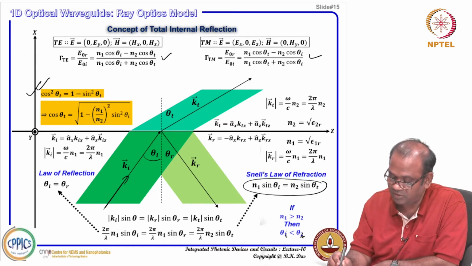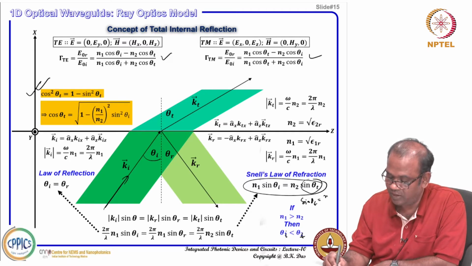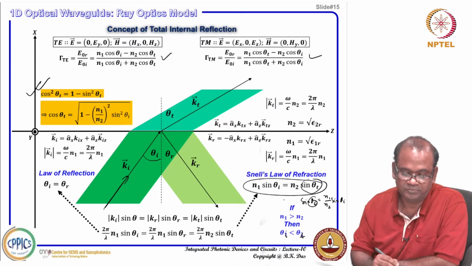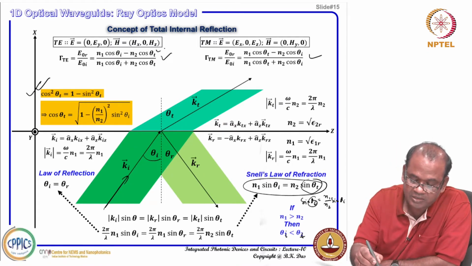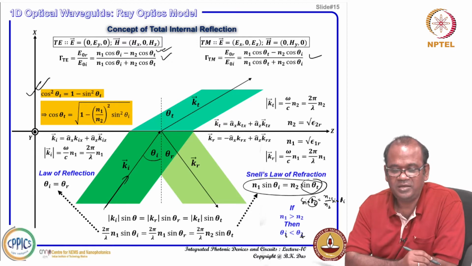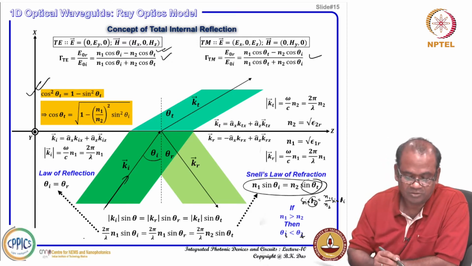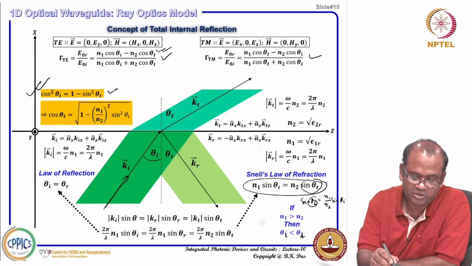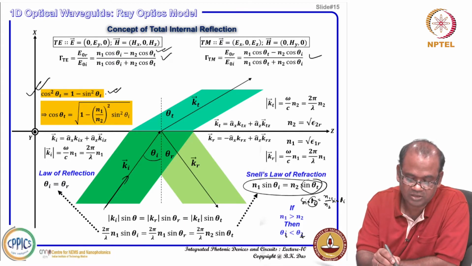So sin theta t can be expressed as sin theta t equal to n1 by n2 sin theta I. So if I know sin theta I, then I can find out theta t. So this cos theta t, I can replace by theta I using Snell's law. We know this trigonometric relationship, cos square theta equal to 1 minus sin square theta.